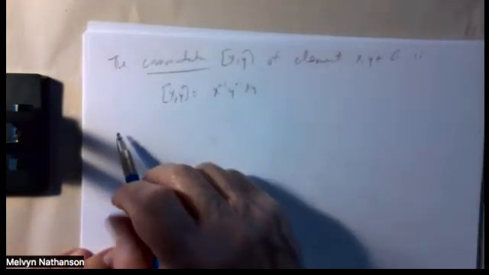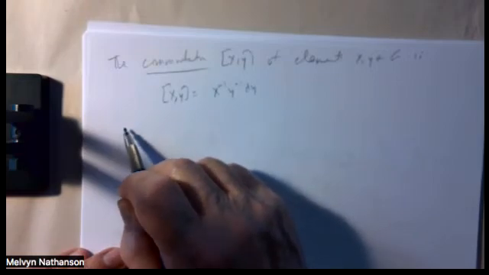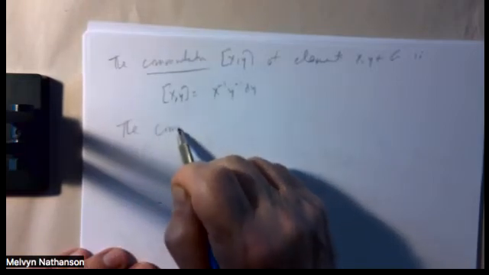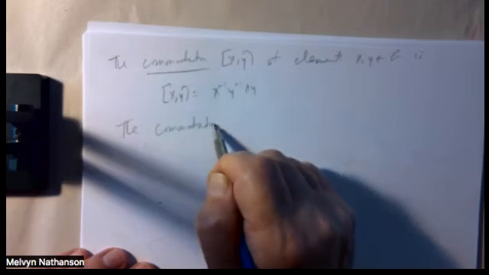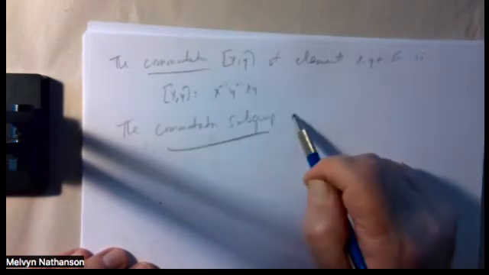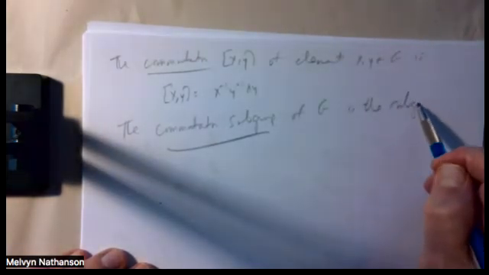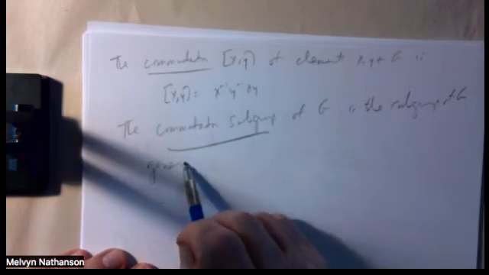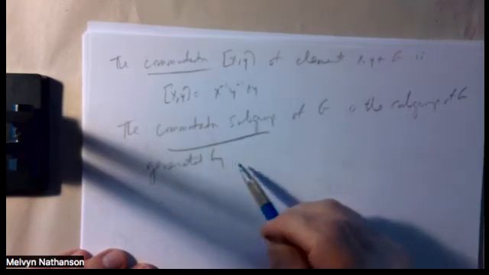And I can look at all the commutators in my group, and what we call the commutator subgroup of G is the subgroup of G generated by the set of all commutators.